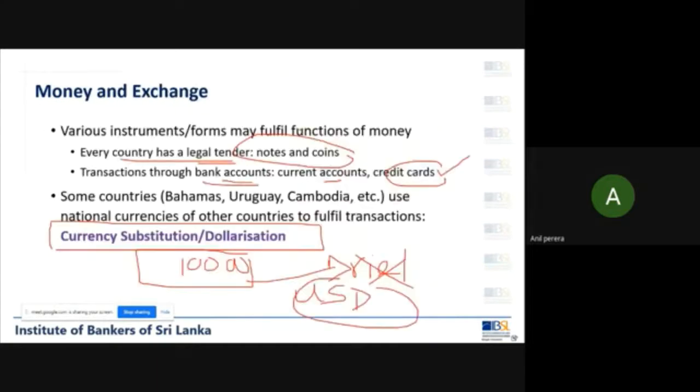Okay. Now, actually, up to this point, we were basically talking about some background information or some basics of money. Now, let's move on to look at the history of money, which means how money has evolved over time.